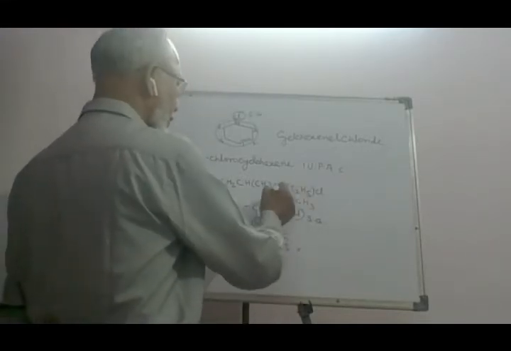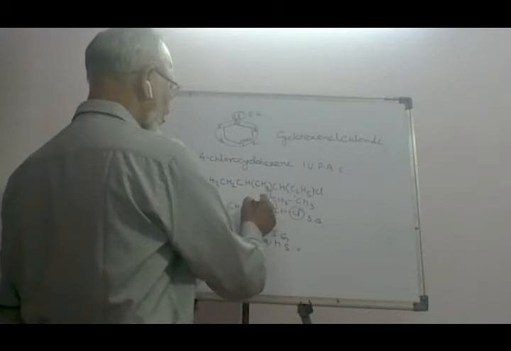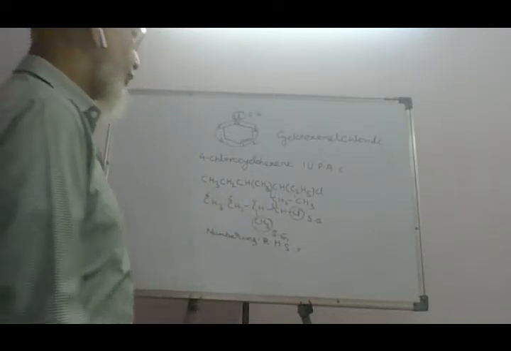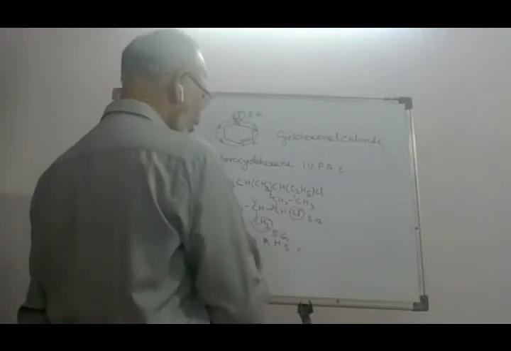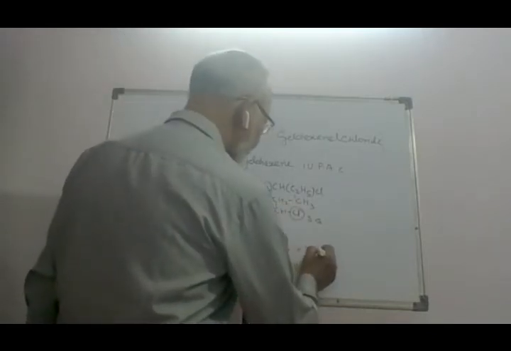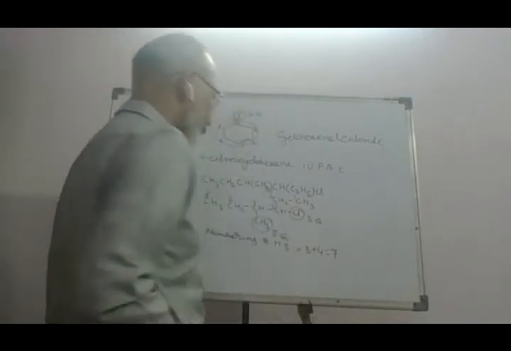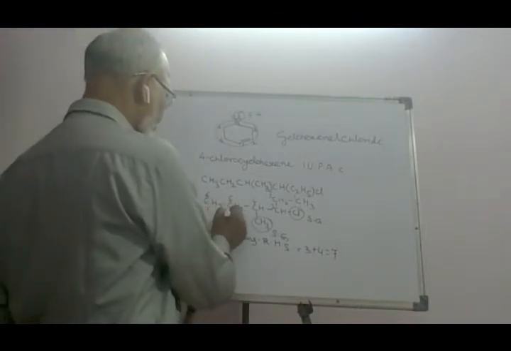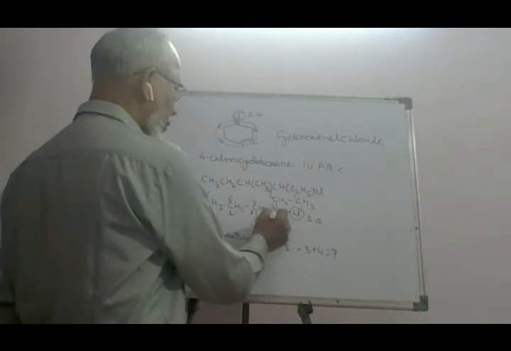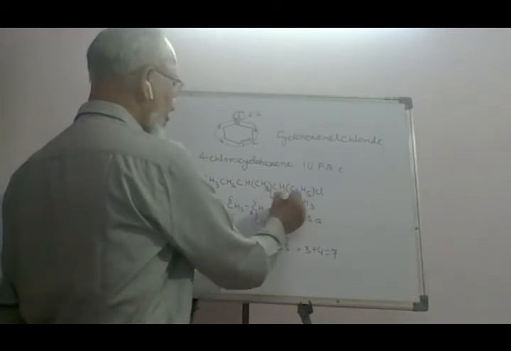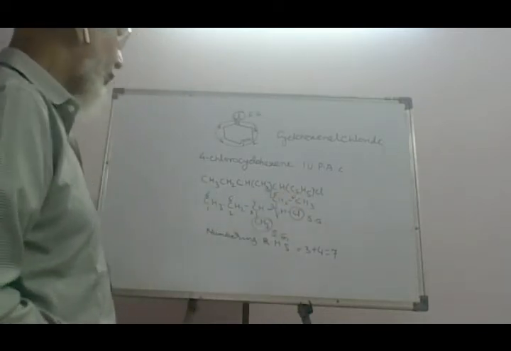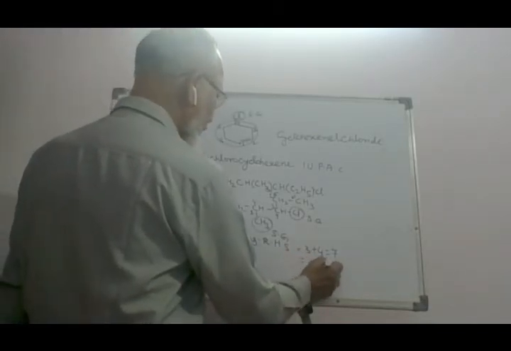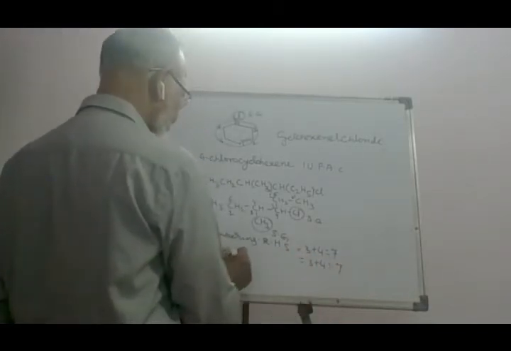Then this is your 1, 2, 3, 4, 5, 6. The two substituent groups are coming at the third and fourth positions. The sum of the numbers is 3 plus 4 equal to 7. And if we do the numbering from this side, 1, 2, 3, 4, 5, 6, the two groups are coming again at 3 plus 4 equal to 7.